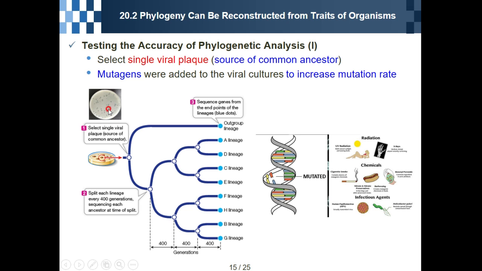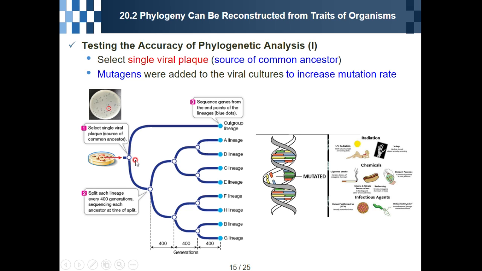In this colony, there are lots of viruses located here. There are several colonies, but we can only select one single viral plaque. So this one will become the common ancestor.